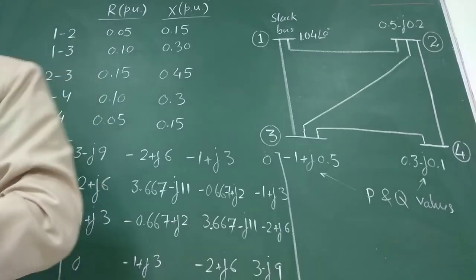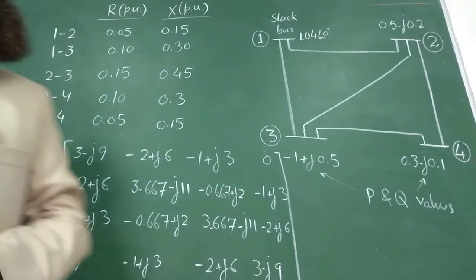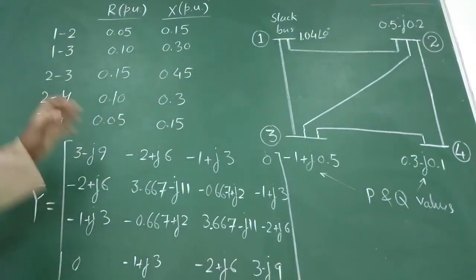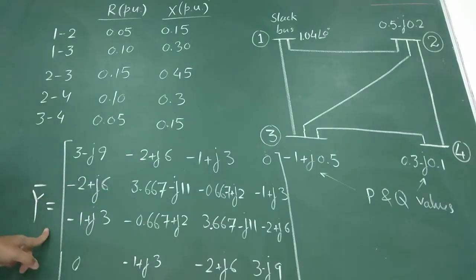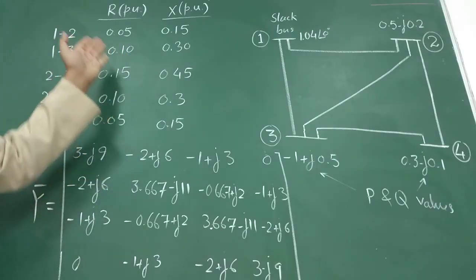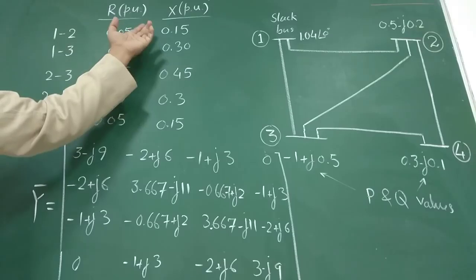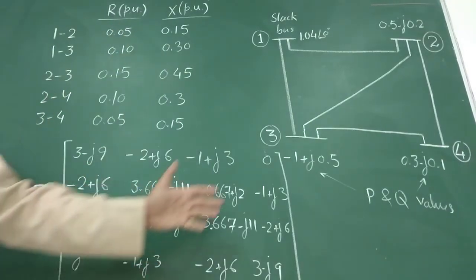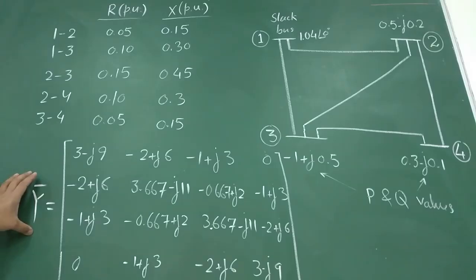I think these data are taken from the Nagrath and Kothari book, so you can find them there also. R plus jX will be Z and 1 upon Z will be the corresponding Y. Y elements will be evaluated and we can construct Y bus.